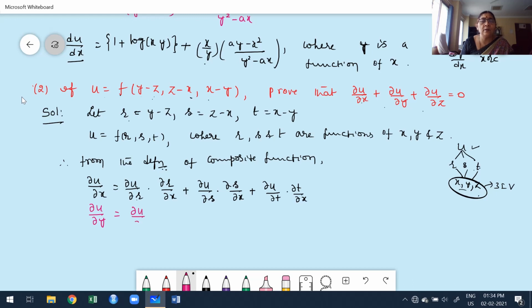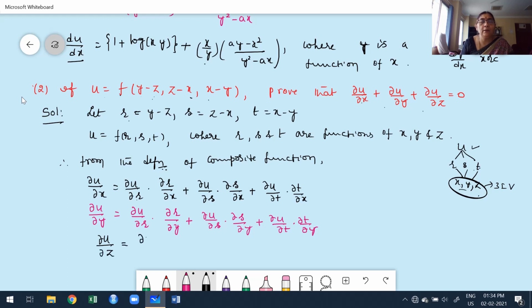Again, U is a function of R, S, T. From the chain rule, ∂U/∂R into ∂R/∂Y plus ∂U/∂S into ∂S/∂Y plus ∂U/∂T into ∂T/∂Y. It also depends upon the independent variable Z, ∂U/∂Z.